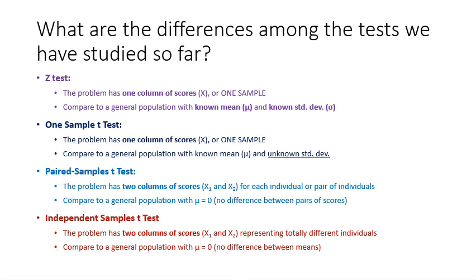And we're going to compare not the difference between each pair of scores because we don't have pairs, but the difference between the two means for these two separate samples to a general population with mu equals 0, no difference between means. So we'll look at this a little more closely.